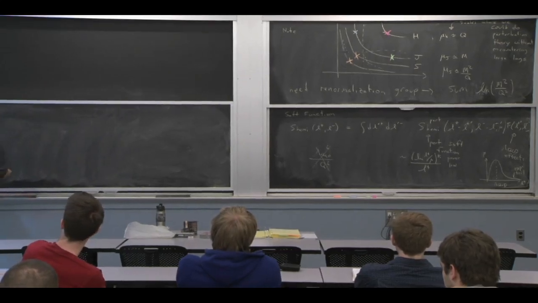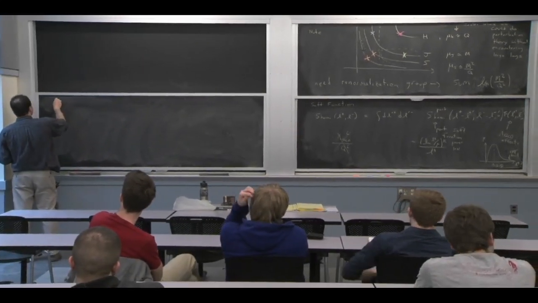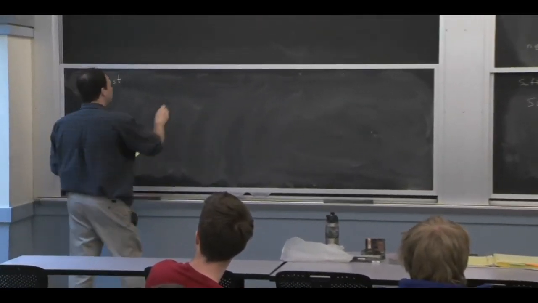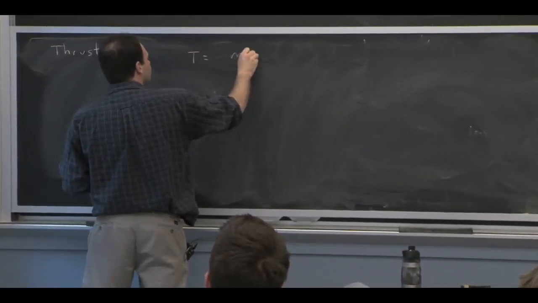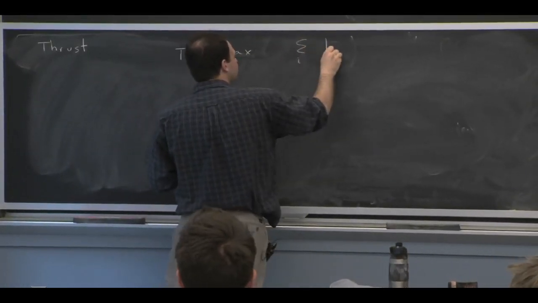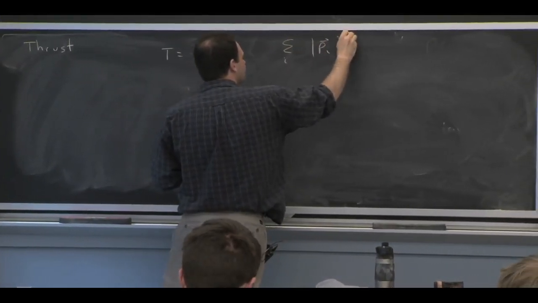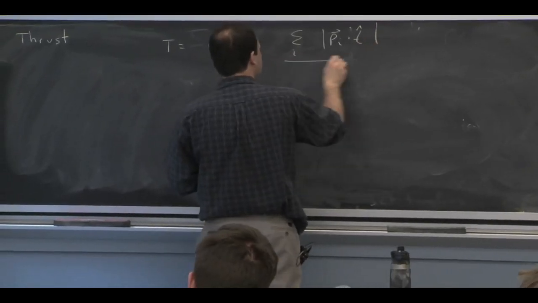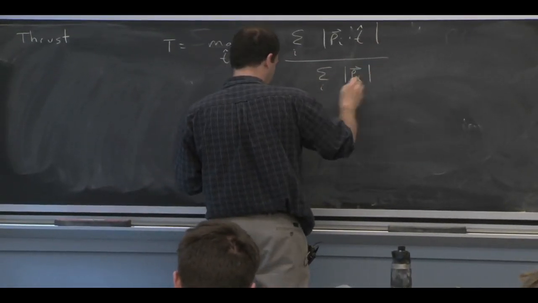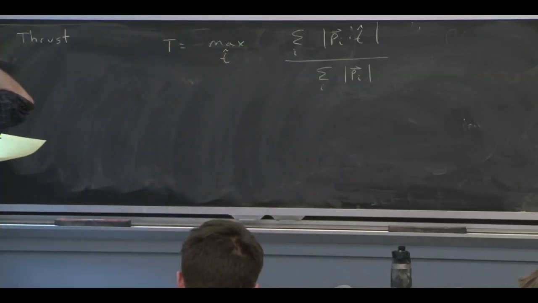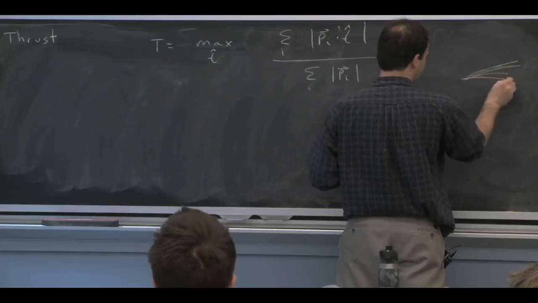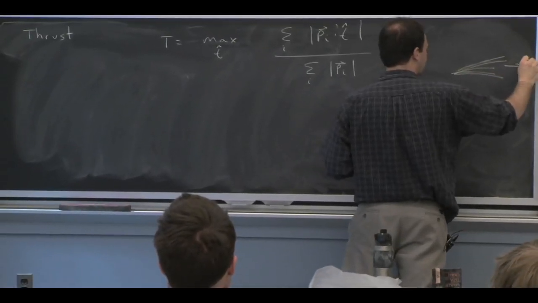All right, so to draw a picture, I want to tell you about one other observable, which is thrust. Thrust can be defined by this formula here in general, which is that you find some axis, which in our dijet configuration is going to be the jet axis.